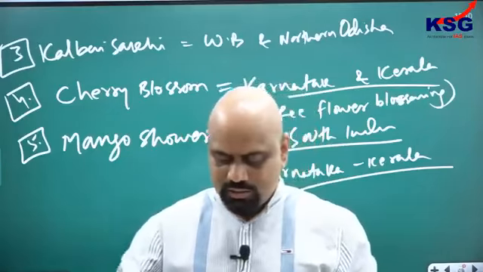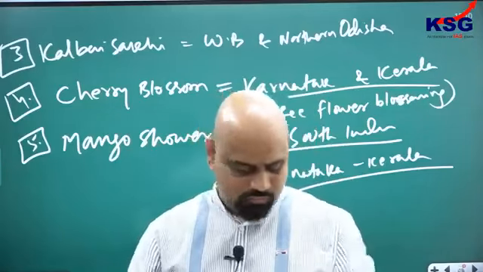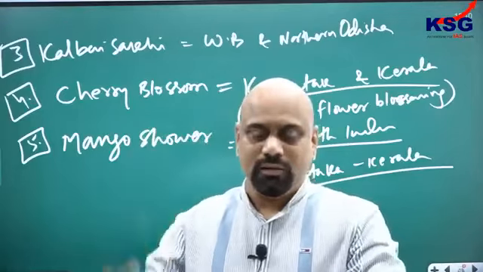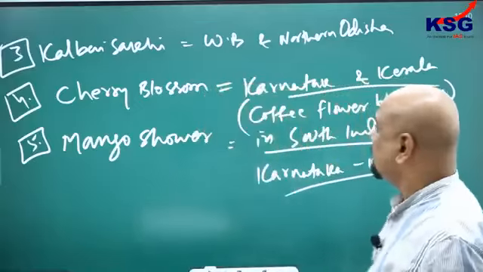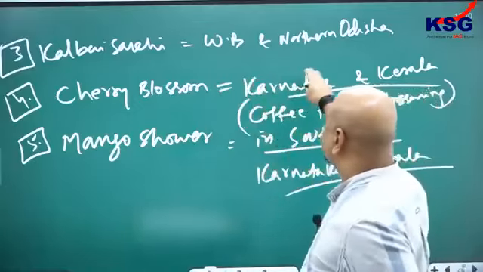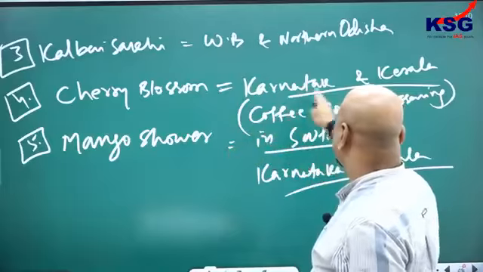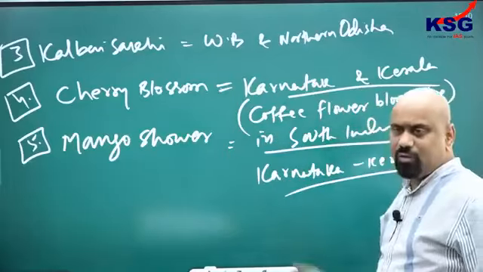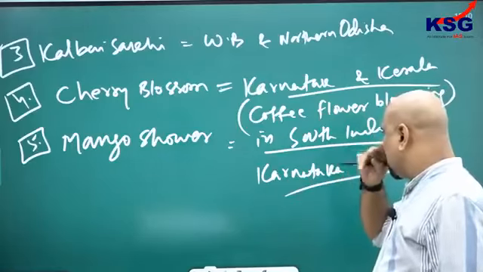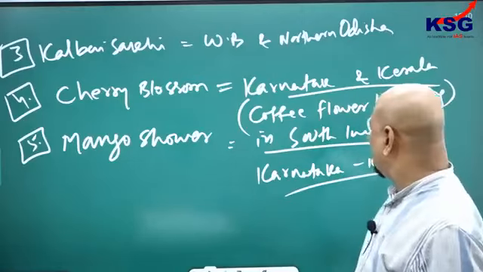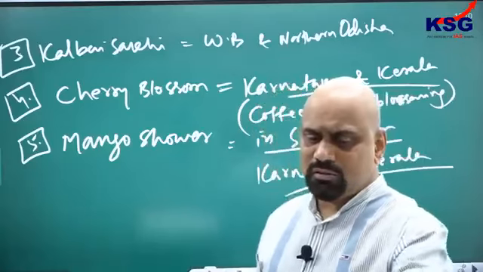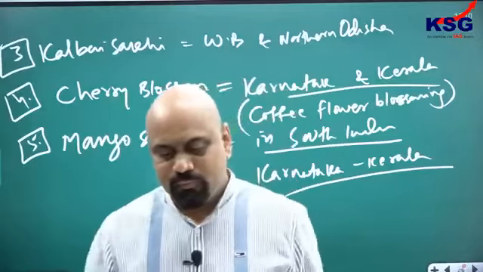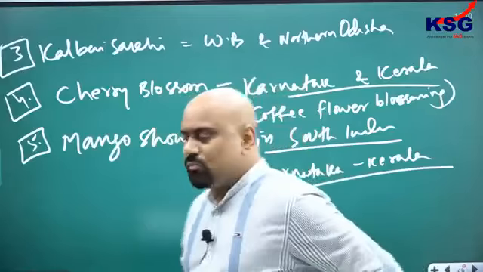I said we have Kal Vaishakhi in West Bengal and northern Odisha, cherry blossom in Karnataka and Kerala, where it is known as coffee flower because of the blossoming of the coffee flower, and you have the mango shower in South India, Karnataka and Kerala regions. Okay? Fine, thank you. So it is also known as Bodoi Chila.